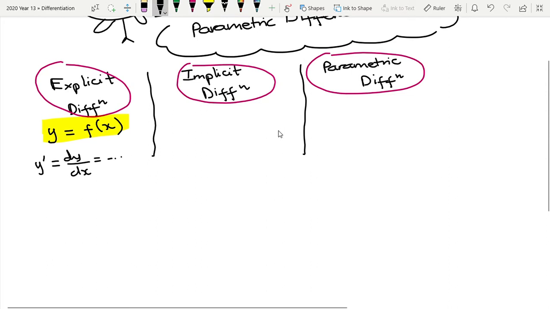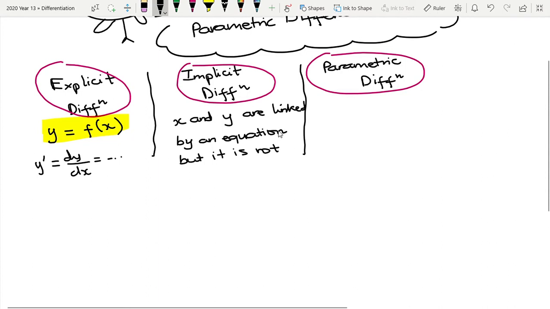For implicit differentiation, we have some sort of connection between x and y linked by an equation, but it is not easy to make y the subject.